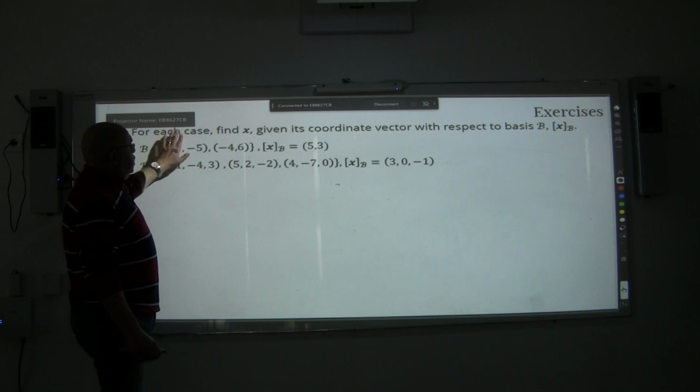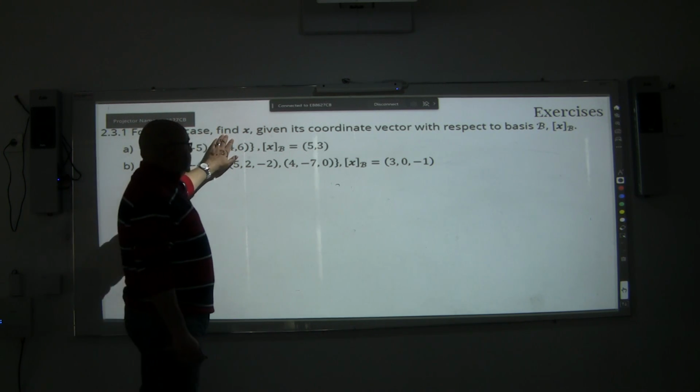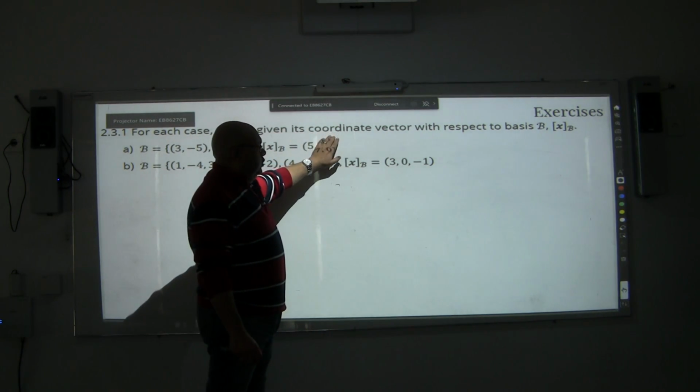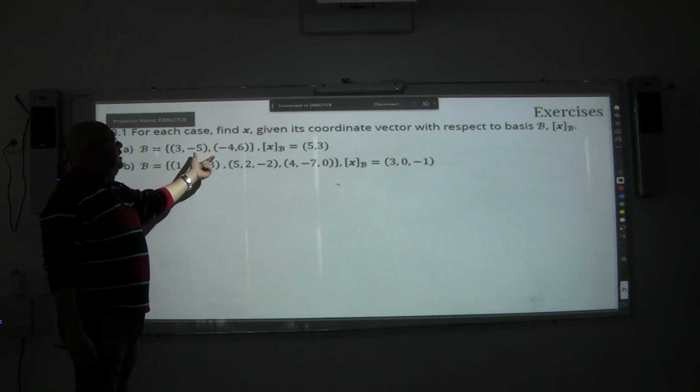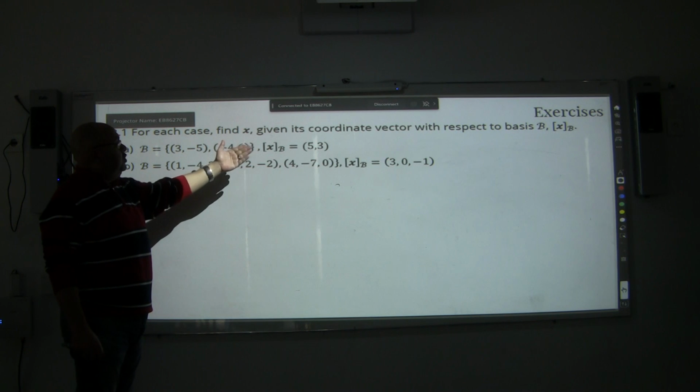For each case, you will find x, given its coordinate vector with respect to the basis beta. So that's the basis, and those are the coordinates.